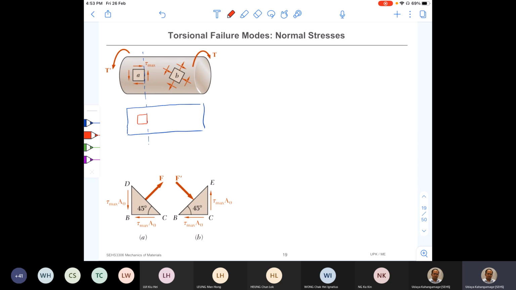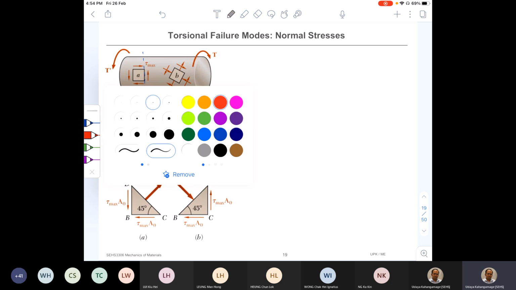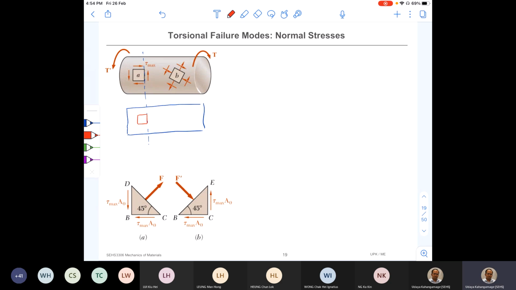But since I cannot mark all the stresses on a point, I'm going to magnify it into a bigger square. This is in 2 dimensions, but in fact I'm now referring to a 3-dimensional cube. So if I draw the cube on a bigger scale, it would be like this. Actually, this is representing a small point on the surface, right, like this.